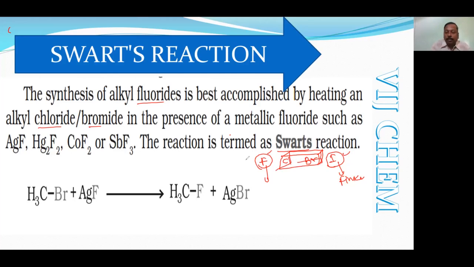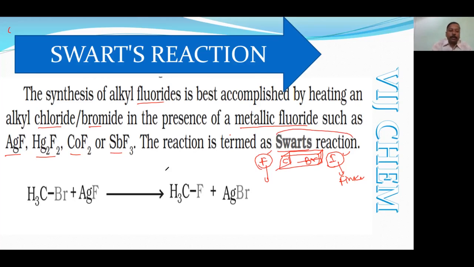Whatever four things I have mentioned, that is, what is the reactant, what is the product, what is the reagent, and the total balanced reaction, that's it. Okay. So the bromide, in the presence of metallic fluorides such as AgF, Hg2F2, CoF2, SbF3, then the reaction is termed the Swarts reaction.